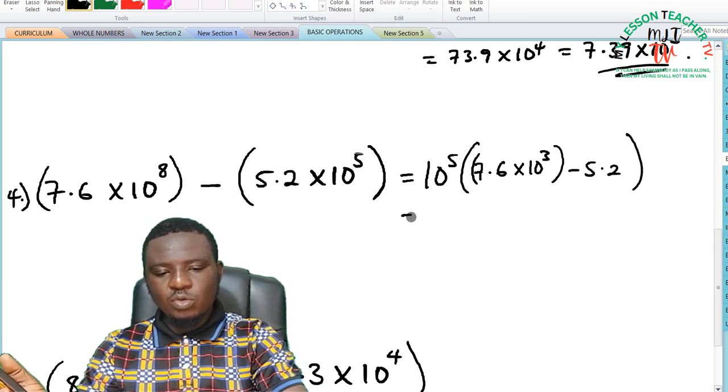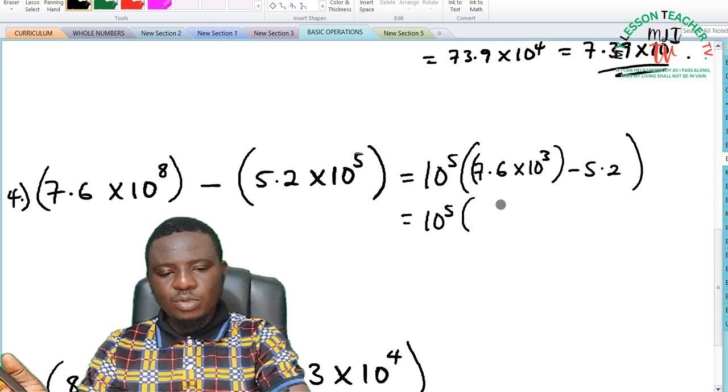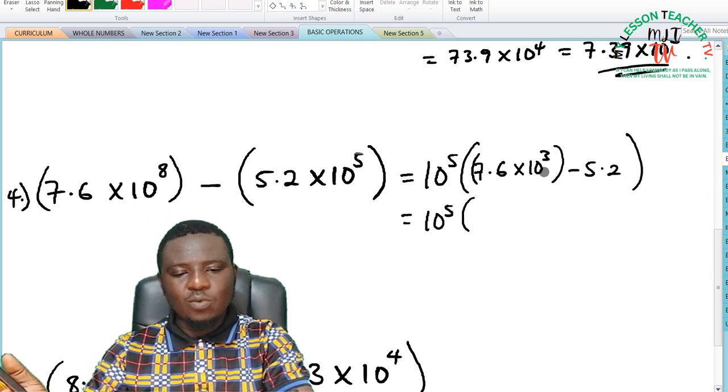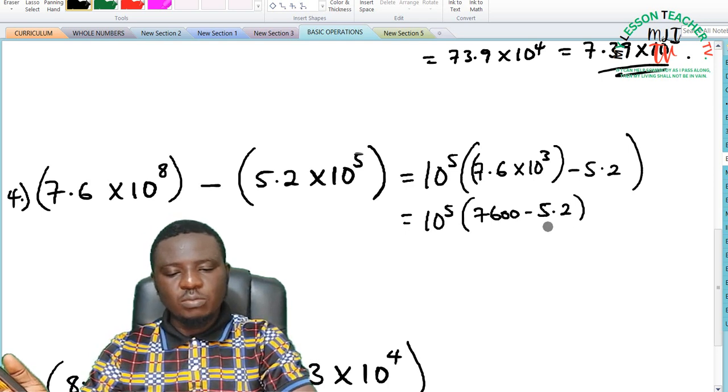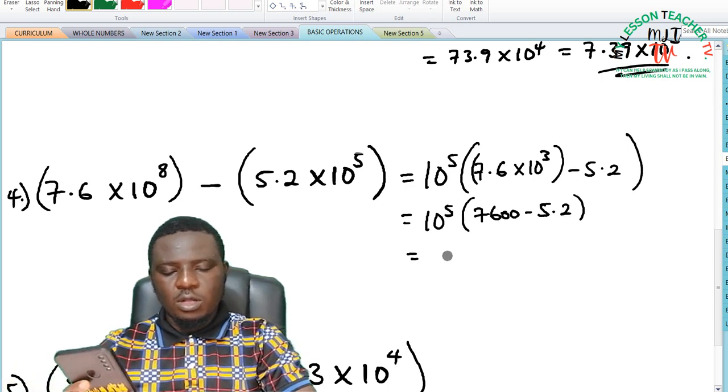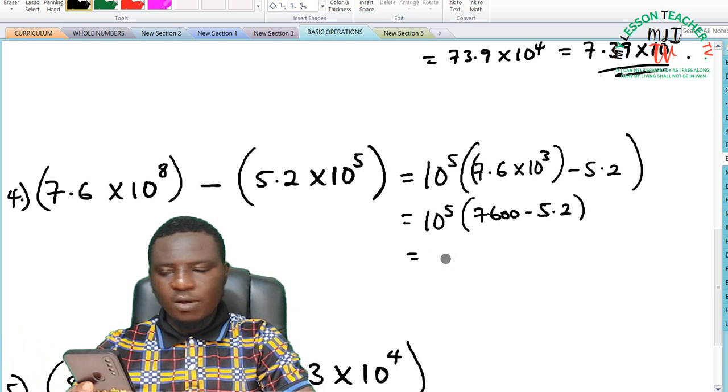So that this is equal to 10 raised to the power of 5 into, when you multiply this by 1000, you have 7600 minus 5.2. So do the subtraction before you multiply by 10 raised to the power of 5.